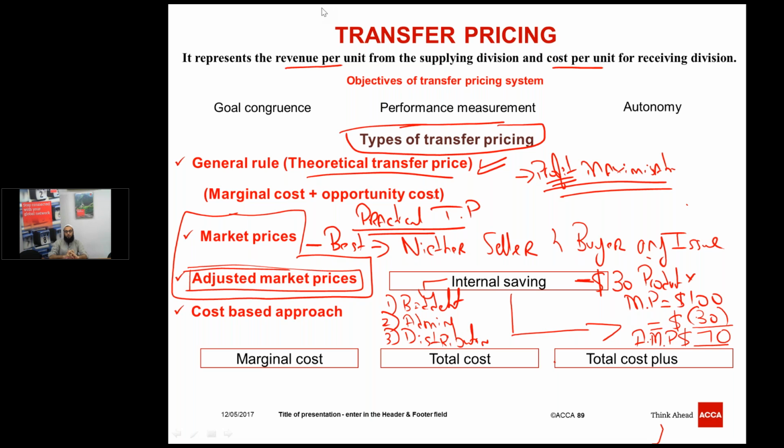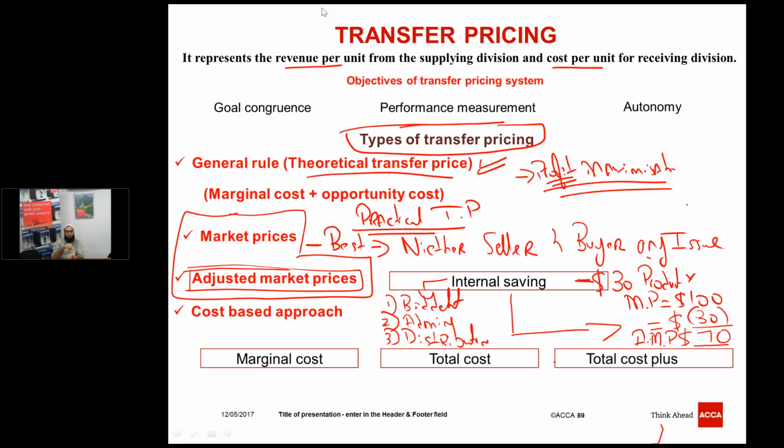Number three, when there is no market available for the intermediate product. So there are three circumstances that I told you.